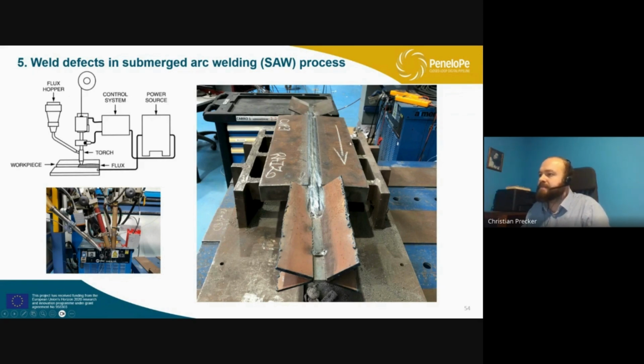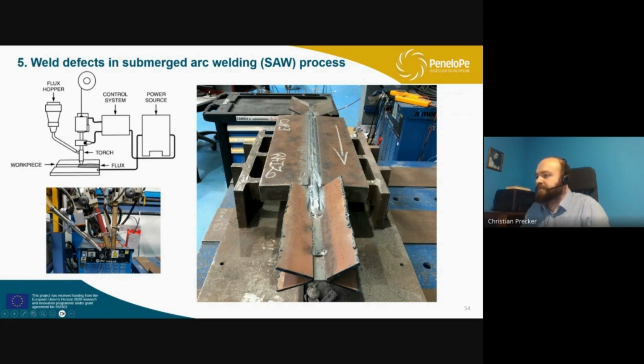And here on the right, you can see an image of this piece that we call a coupon, where the weld was done using this method.